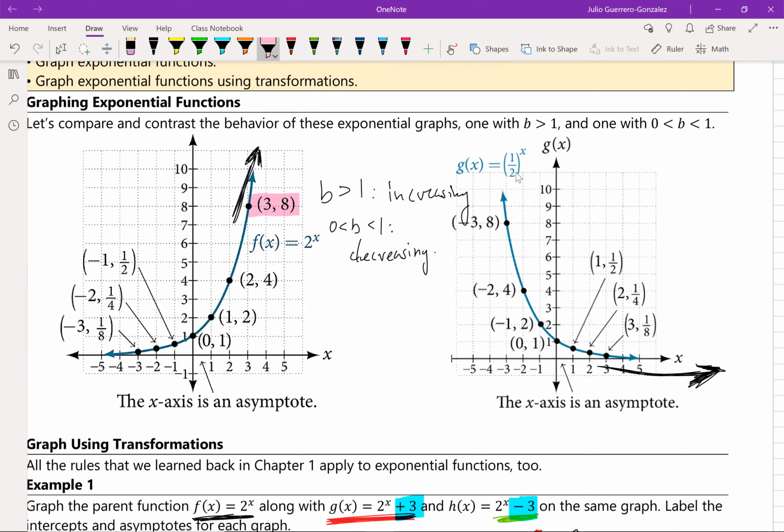So there's this point and this point, this point, this point, this point, this point. That one, that one, that one, that one, that one, that one. What do you guys see?